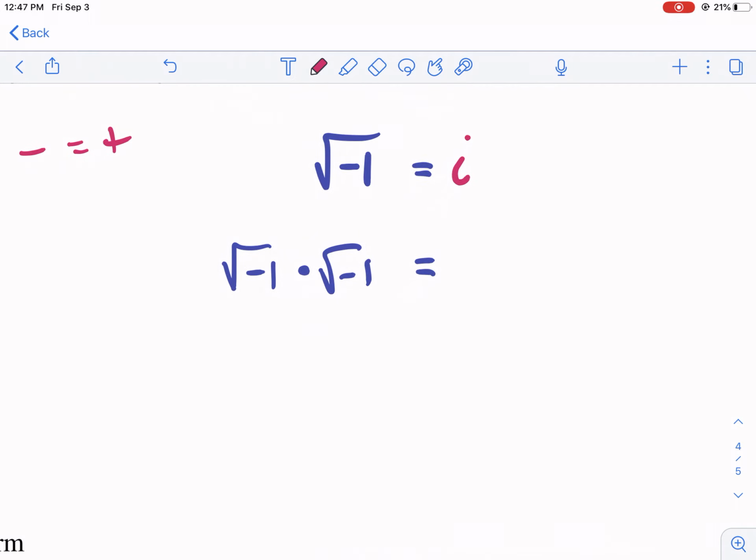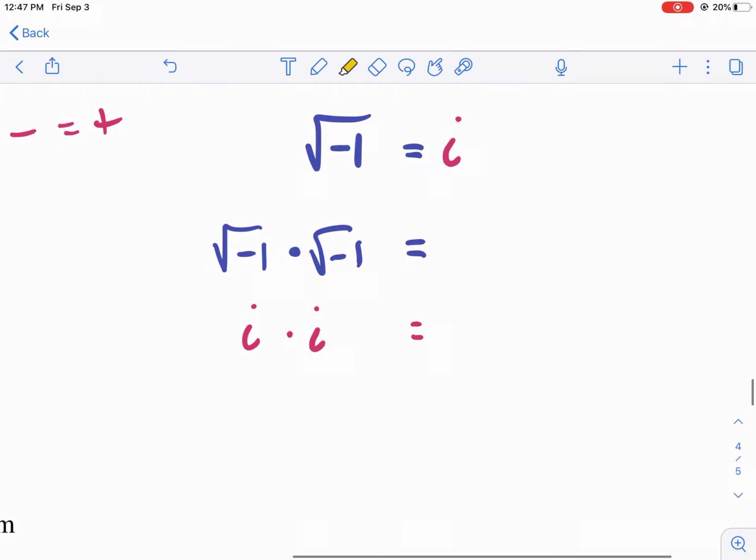Now, we can have all different variations of i squared, i cubed. For this exercise, I'm only going to need i squared. So I have the square root of negative 1 times the square root of negative 1. What would that be equal to? Well, that's the same thing as i times i, because we already know that the square root of negative 1 is equal to i.